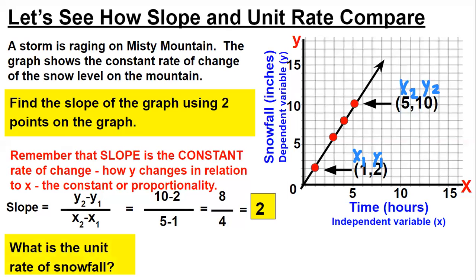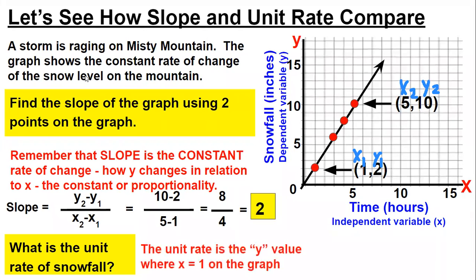What is the unit rate of snowfall? The unit rate is where x equals 1. So we go on the graph and we find where x is 1 and we go up and we see where it's hitting the graph. It's hitting it at 2. So the unit rate is 2. The unit rate is the y value where x equals 1 on the graph. So it's 2. And we know that the slope is 2.